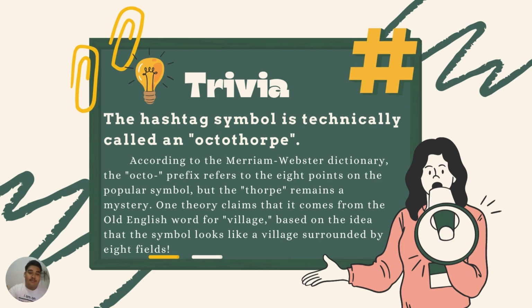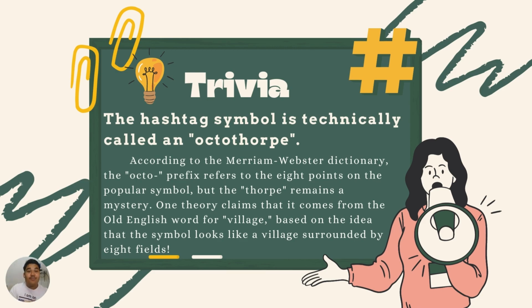So let's count: 1, 2, 3, 4, 5, 6, 7, and 8. This one in the center is the thorp, which according to the Old English word means village. So it looks like a village with 8 sides.